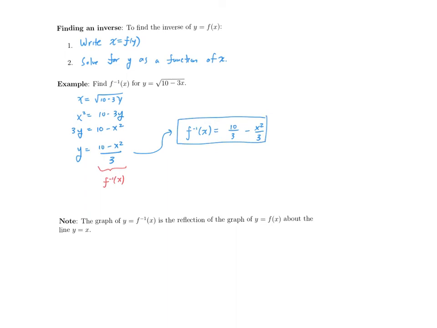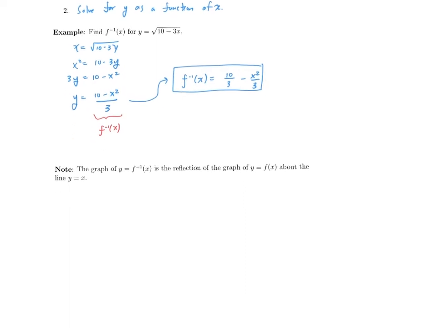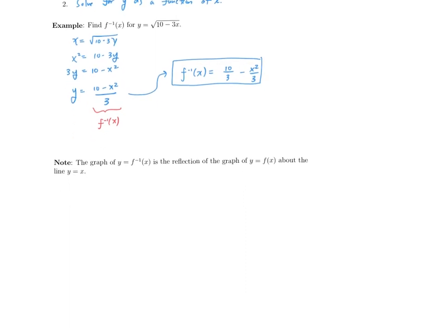And the final thing I'd like to discuss in this video is the graphical relationship that exists between a function and its inverse. So the graph of y equals f inverse of x is the reflection of the graph y equals f of x about the line y equals x. Let's look at a familiar example to help us visualize this.